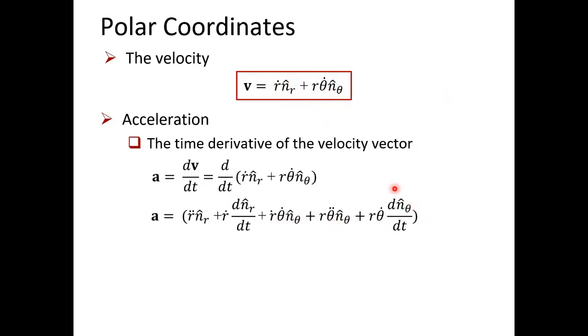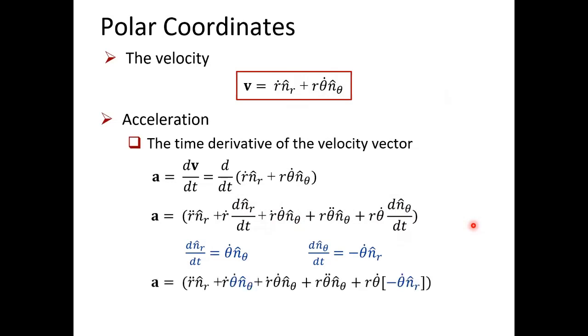Then you can replace dn hat r over dt and dn hat theta over dt from the equations that we just obtained. If you substitute those into that equation, the equation becomes this. And if you take the n hat r terms together and the n hat theta terms together, then your final answer will be this.